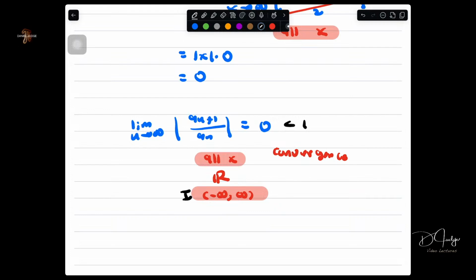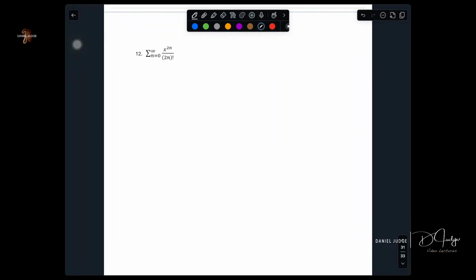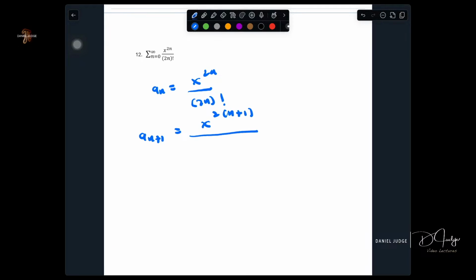I don't know if we should do one more just for the road, maybe. Try this one, for the road. Ratio test: a_n is x to the 2n over 2n factorial. The next term, a_(n+1), is x to the, let's be careful here, 2(n+1) over (2(n+1)) factorial.